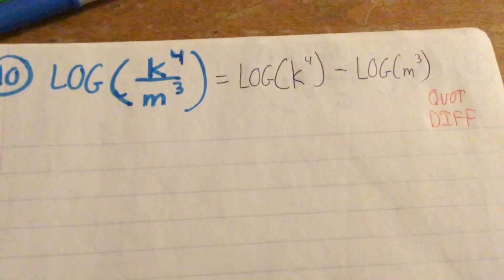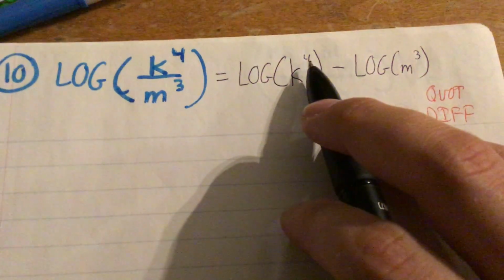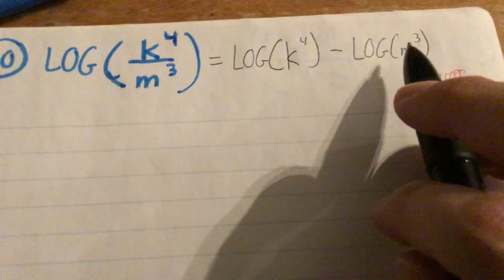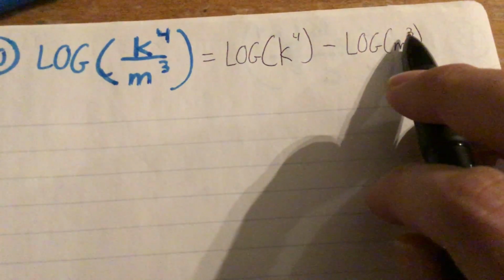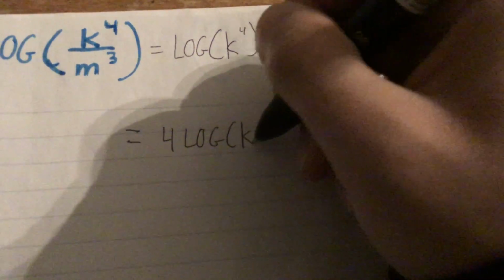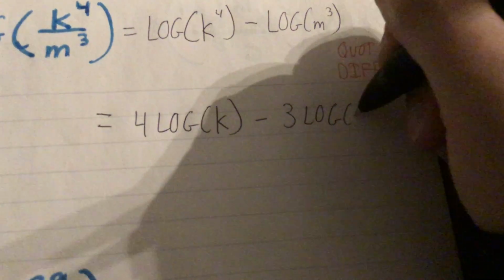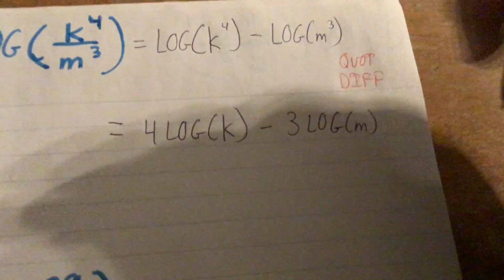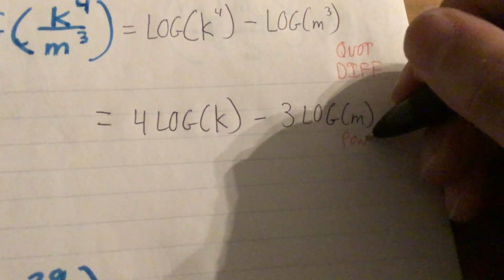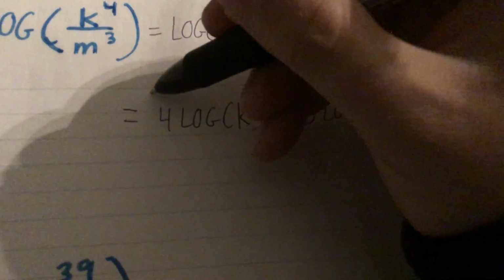Okay. Is this fully expanded though? Well, k to the 4th inside of a logarithm means that I can bring that to the front. M to the 3rd, that's an exponent inside of the logarithm, I can bring that out to the front. And you'll notice this becomes 4 log of k minus 3 log of m. And that is from the power factor rule. The power becomes a factor in the front.